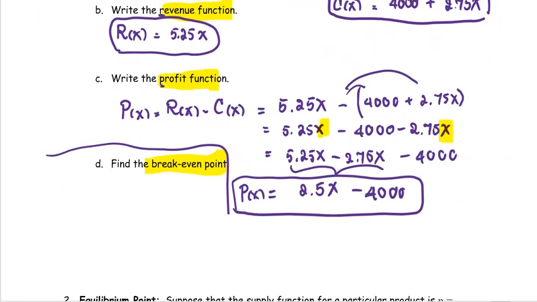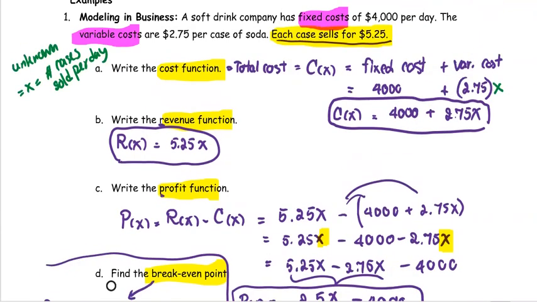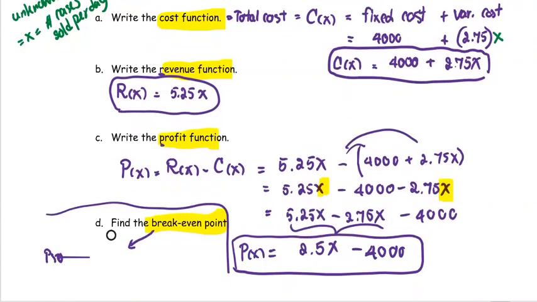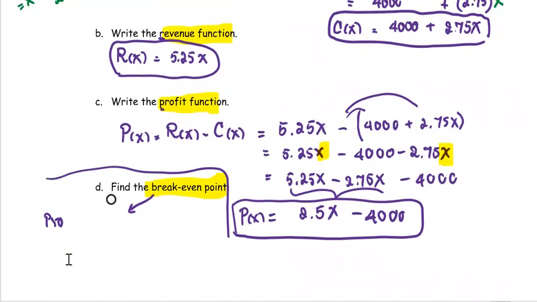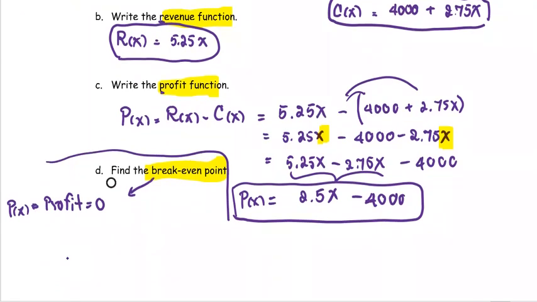Now we have the cost, we have the revenue, we have the profit. And the last part, we're going to find the break-even point. For the break-even point, that means the profit is zero, or no profit. So the profit, P of x, equals zero, or you can say the revenue equals the cost.